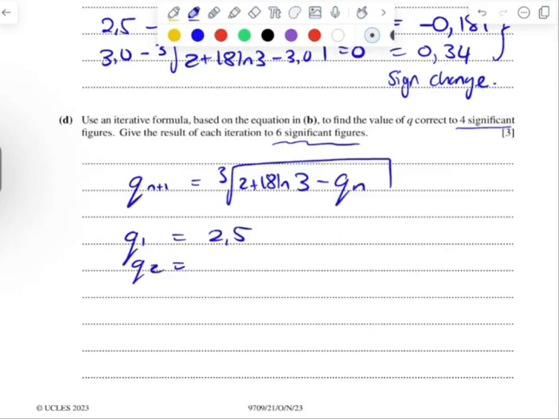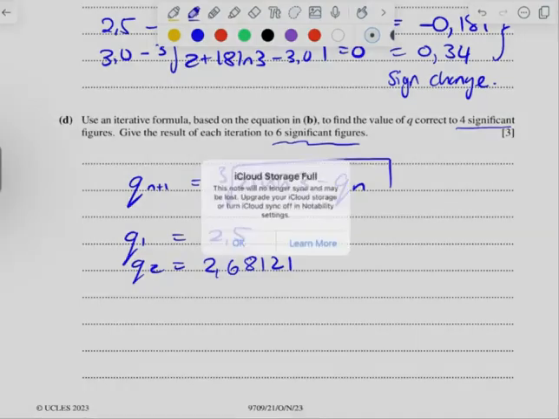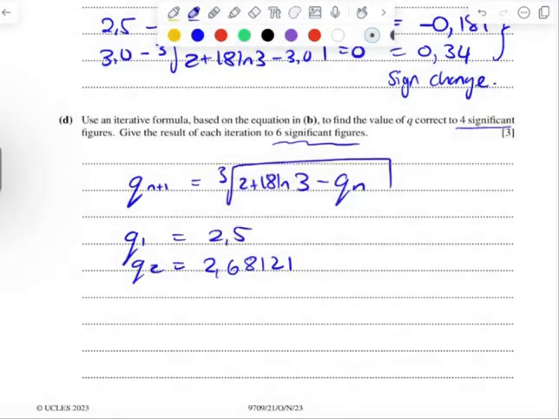Okay, so if I do that, I get an answer of 2.6812. So 1, 2, 3, 4, 5, 6. So 6 significant figures. Okay, I'm now going back and plugging in my answer button. Q3 is 2.67279.